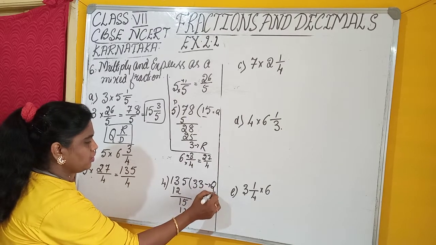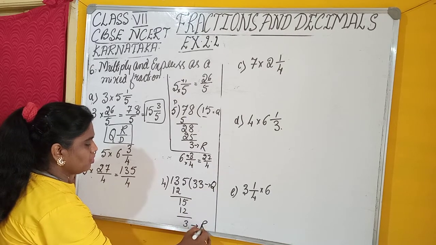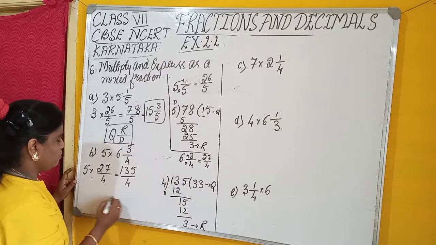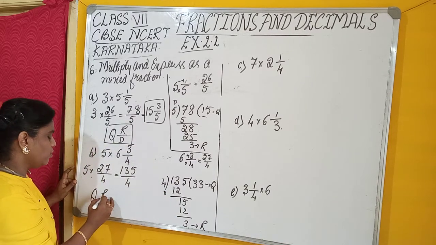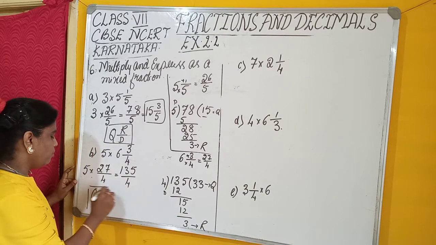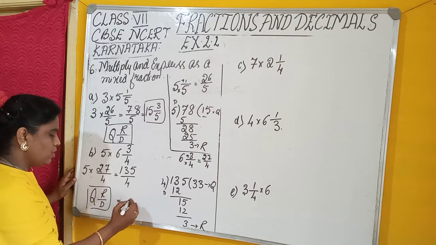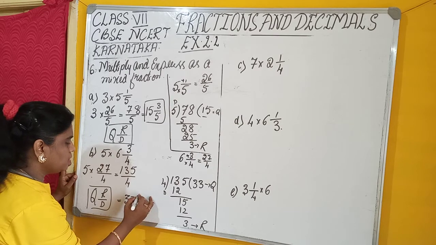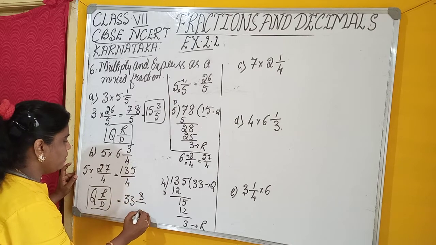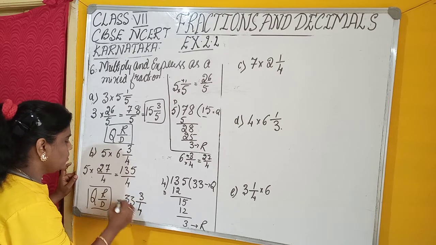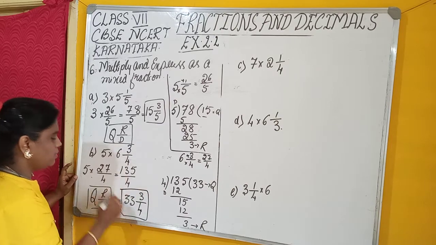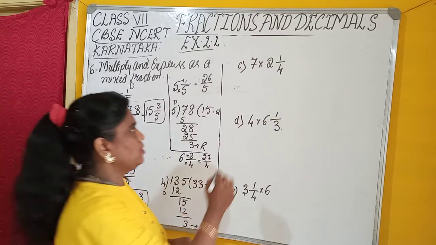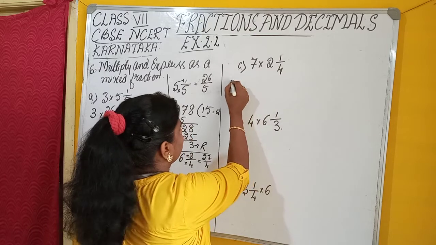Here this is the Q and this is R and this is D. Therefore Q R by D, Q is 33, R is 3 and 4 is the divisor.